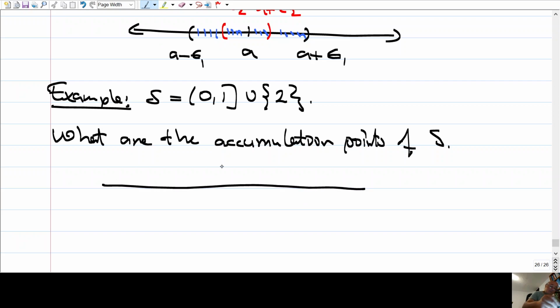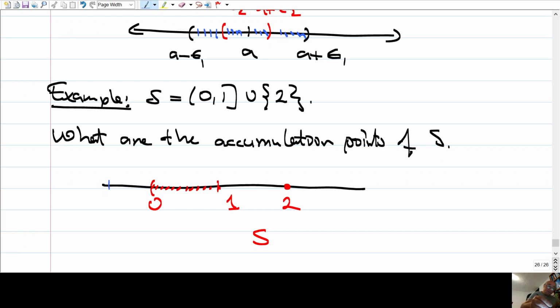Okay, so this is our set S. 0 is here, 1 is here. So my set is this interval, and then I have also 2 here, right? This is S. Now let's see whether the following real numbers are accumulation points or not.